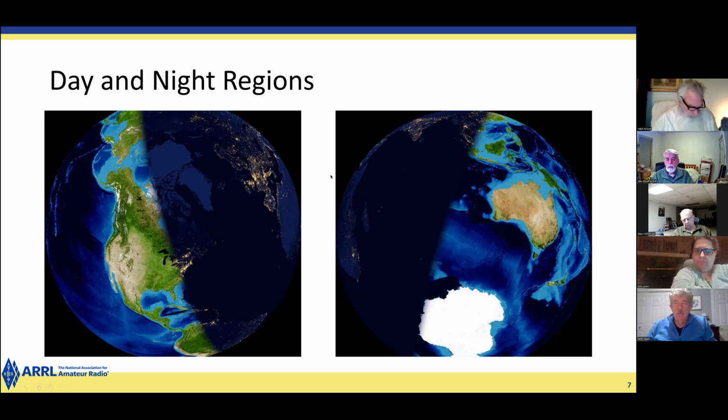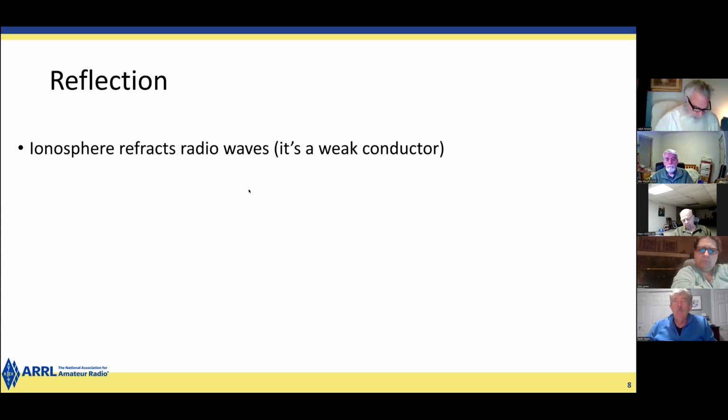So how does the ionosphere work in terms of waves? Well, the ionosphere refracts radio waves the same way that a prism refracts visible light. I'm sure everybody's seen that picture, whether or not they're Pink Floyd fans, of white light entering a prism on one side and coming out as a rainbow, different colors at different angles on the other side.